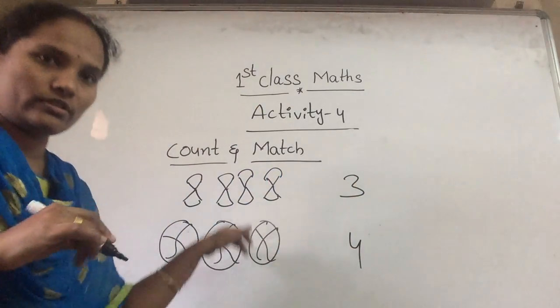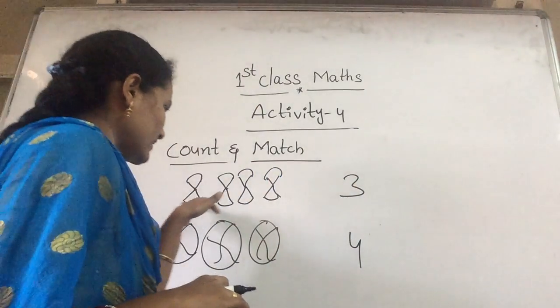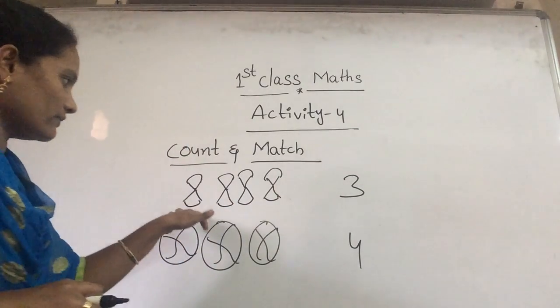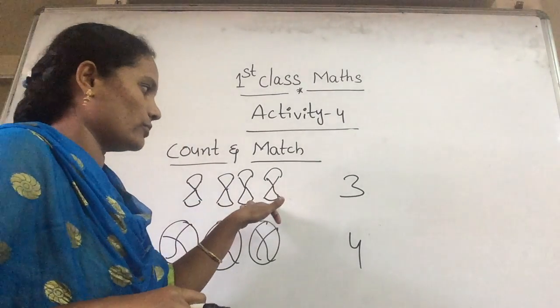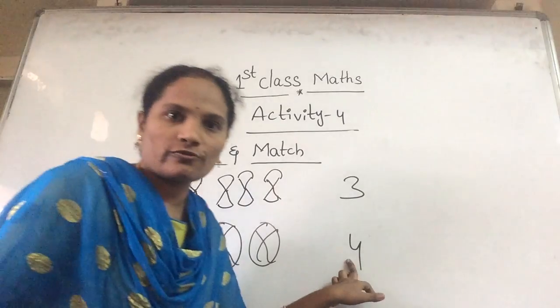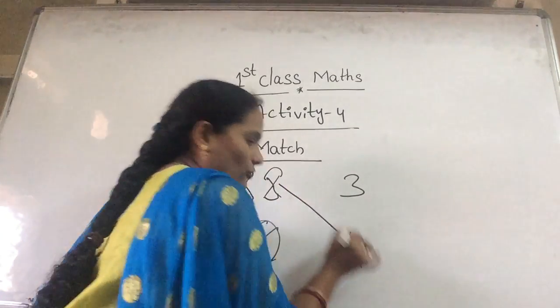Now match to this one. Here, how many are there? Count it. 1, 2, 3, 4. This is matching to 4. This is matching to number 4.